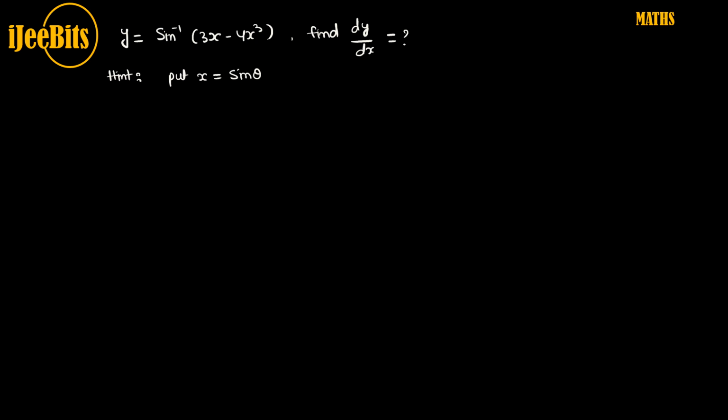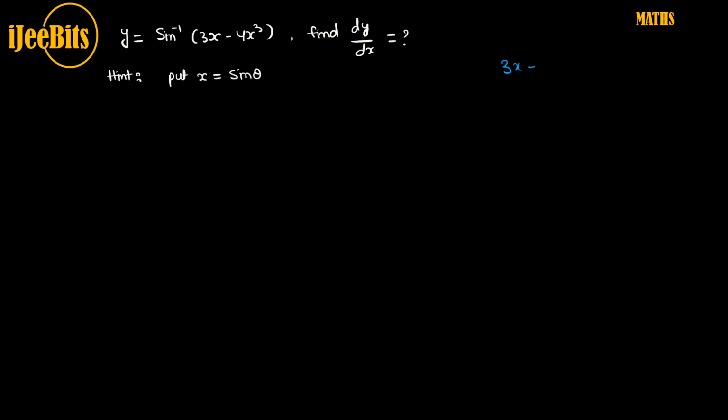Next problem, y equal to sin inverse of 3x minus 4x cube. When you see problems like this, you have to use the substitution method. What substitution can you do? Let's put x equal to sin theta.